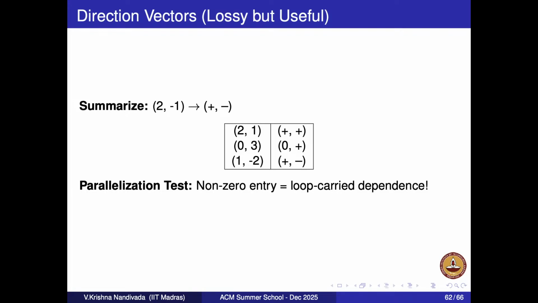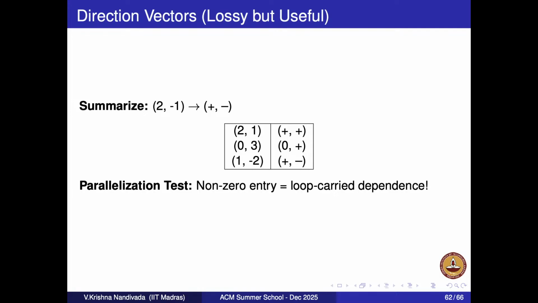So, here is a simple test for parallelization. We said they should be independent, right? So, if there is a non-zero entry, that means there is some dependence.